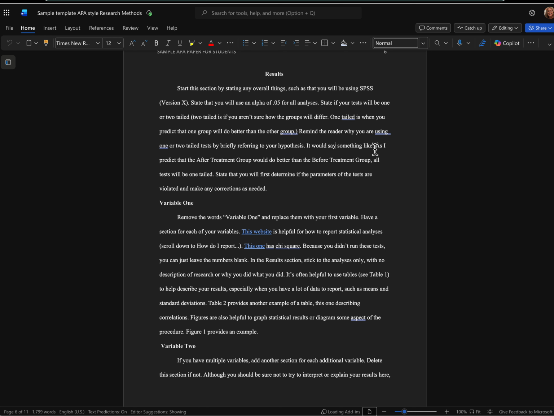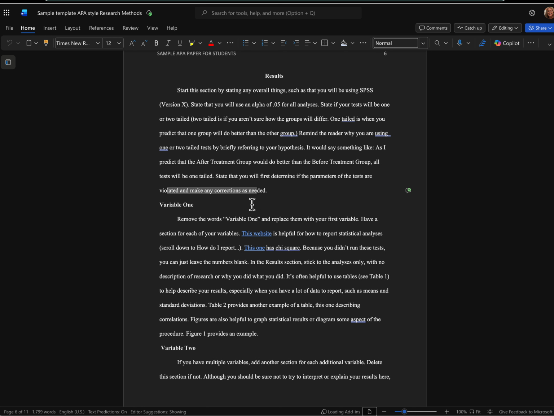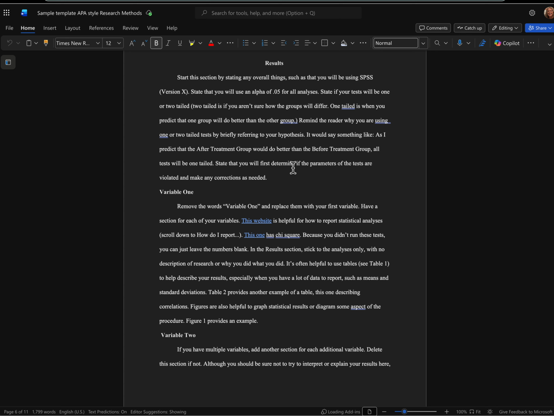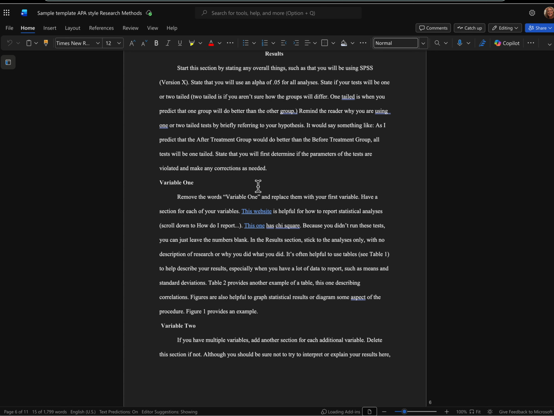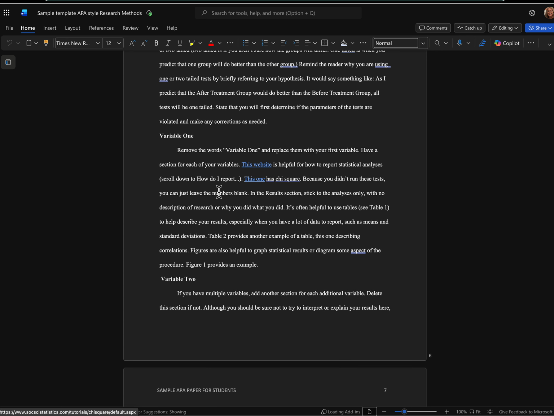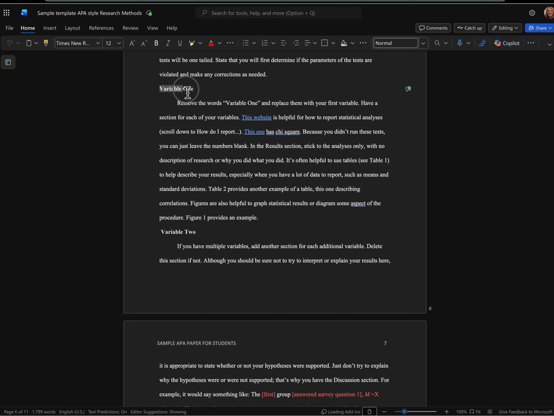And then it would say something like, because I predict that the after treatment group would do better than the before treatment group, all tests will be one-tailed. And then you can just leave this in here. Just say, I'll first determine if the parameters of the tests are violated and make any corrections as needed. Some of you have taken stats and some of you haven't, so you can keep that pretty simple. And then for this, just make this your first variable.